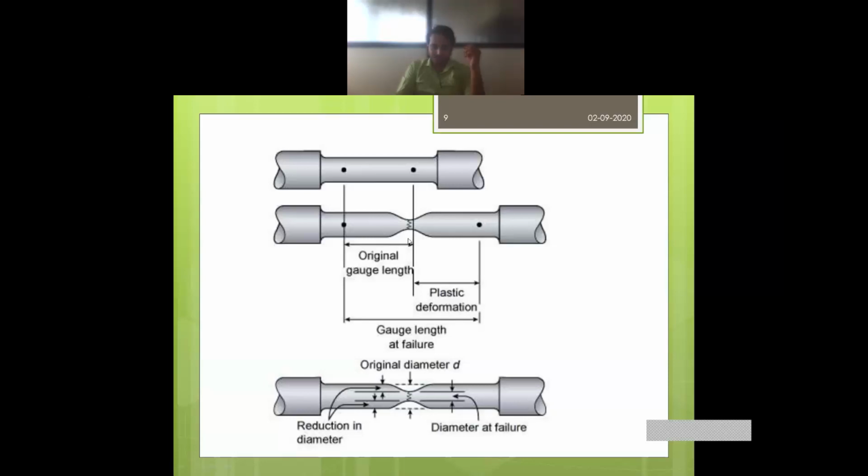At some portion there will be a reduction in diameter. The full diameter does not reduce; only at one particular point the reduction happens. This position we call necking.